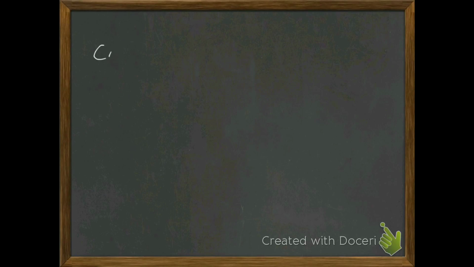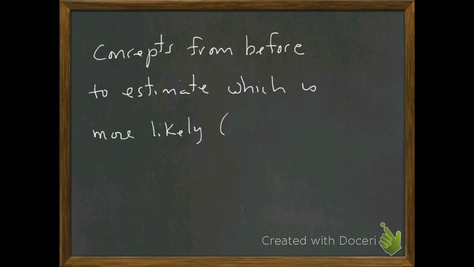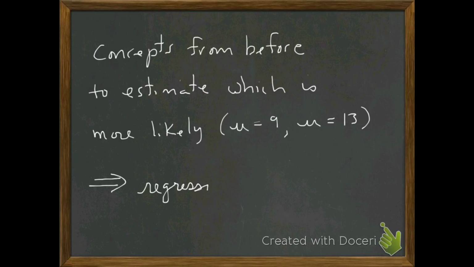So the concepts from before, to estimate which is more likely, mu equal 9 or mu equal 13, can carry over to the estimation of the regression coefficients.